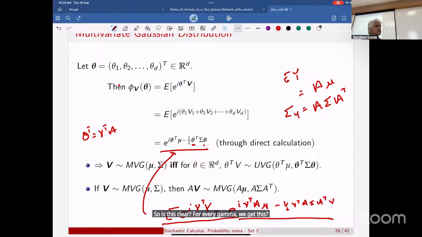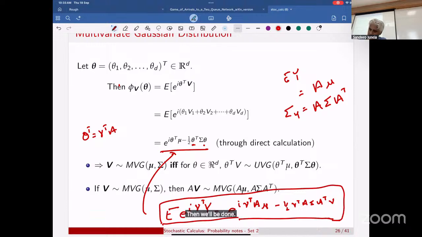Where does the A transpose next to the V come from? Can you repeat how gamma is defined? Initially we defined theta equals gamma transpose A. Now we define theta transpose equals gamma transpose A. We want to show this quantity, then we'll be done.